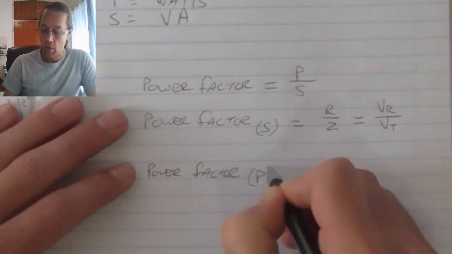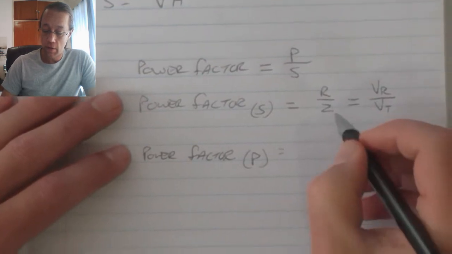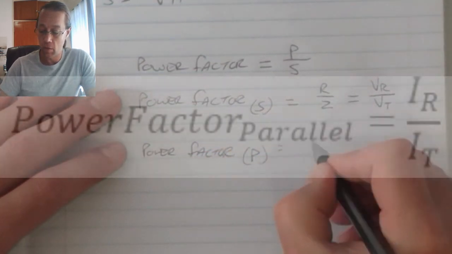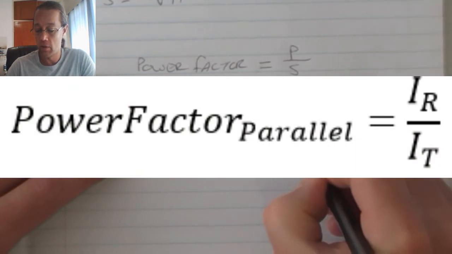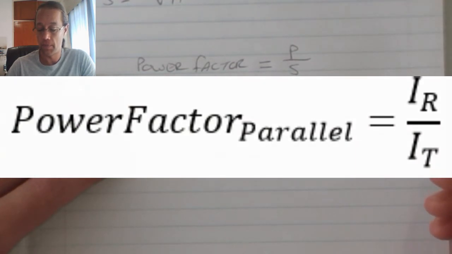For parallel circuits, we will determine that the power factor is equal to the resistive current divided by the total current.